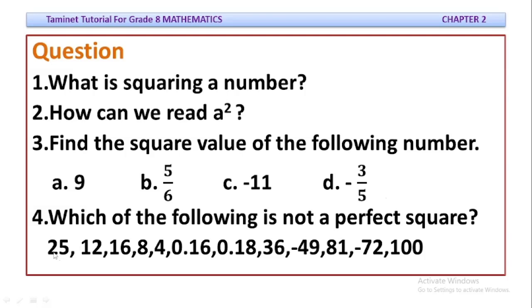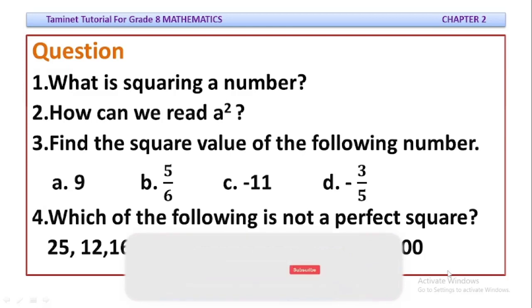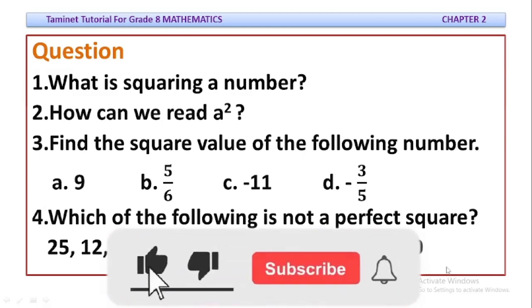There are some listed numbers. Try to identify which numbers are perfect squares and which are not. So based on the explanation of perfect squares, try to identify the perfect squares and which is not a perfect square. Based on this, try to answer the following questions.